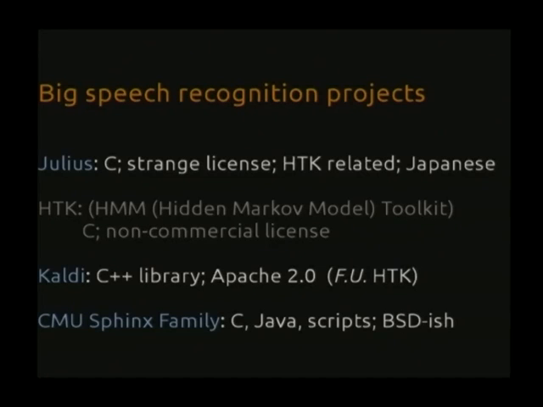Julius is a Japanese system, so they don't actually have an English model, even a US English model. And they've got a really strange license, as if they took a BSD license and put it on a wiki and then translated it to Japanese and back again. But I think it's a free license. I can't really tell.